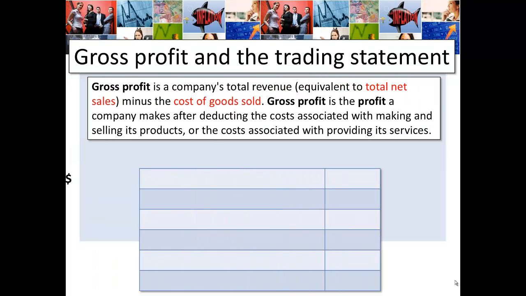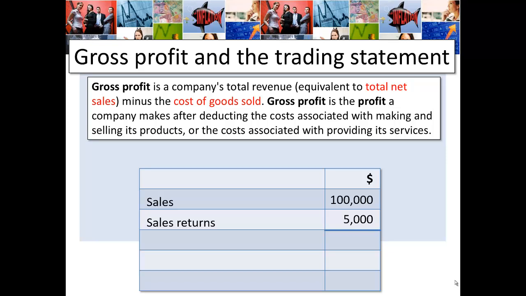Gross profit and the trading statement. Now gross profit is a company's total revenue, which is equivalent to total net sales, less the cost of goods sold. So gross profit is the profit a company makes after deducting the costs associated with making and selling its products or the costs associated with providing the services that it provides.